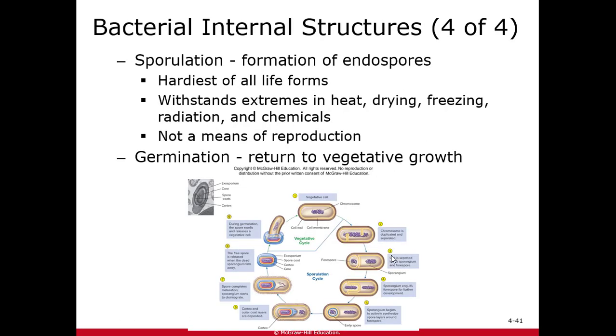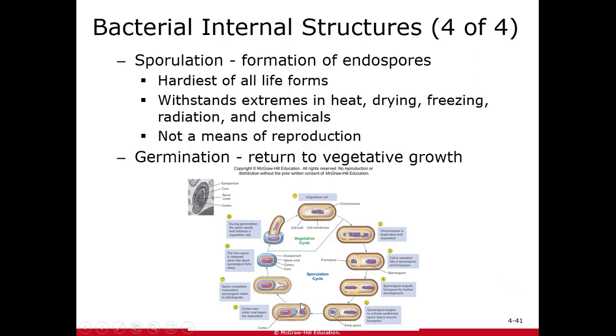When that bacteria realizes that it's in an environment that's not great for it, again, the temperature might be wrong, there might be chemicals, maybe radiation, it's dry and they need water, they go into that formation of endospores.